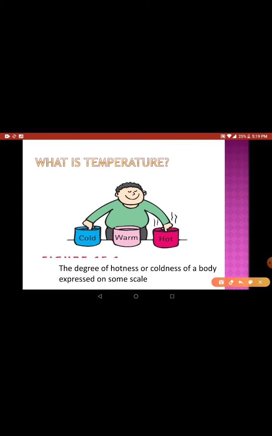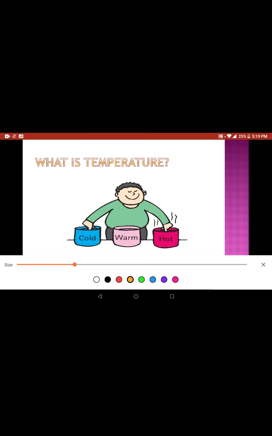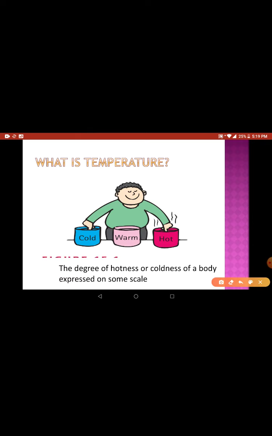Now, just by dipping the finger in the liquids, you can tell which one is hotter, but you cannot tell how much hot it is or how much cold it is. And there is one more problem: you cannot always access the substance to put your finger in.